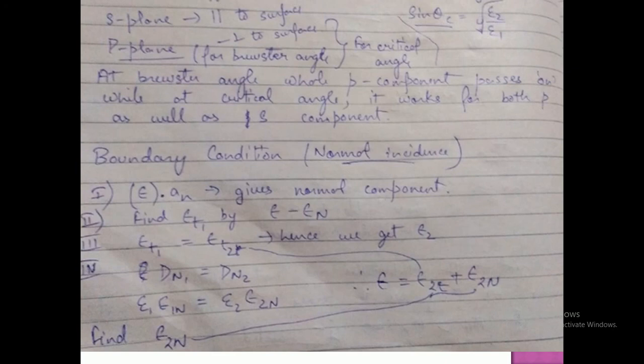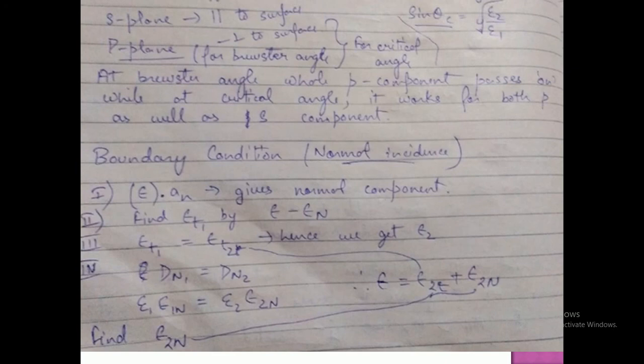First we need to find the normal component. So suppose z is the normal, then we take the dot product of az with whatever equation we are given, say 2ax plus 5ay plus 3az.